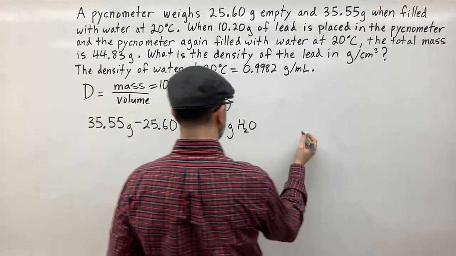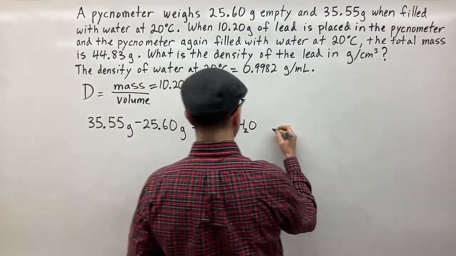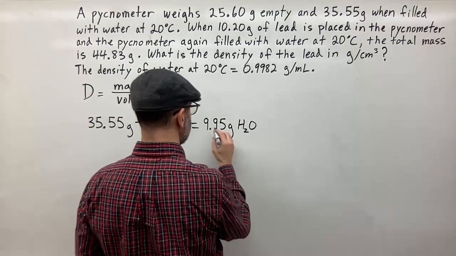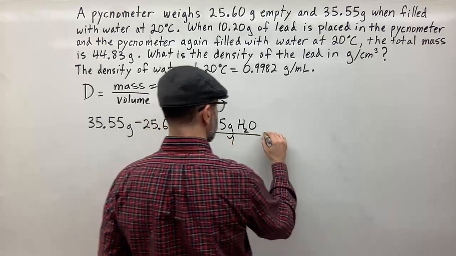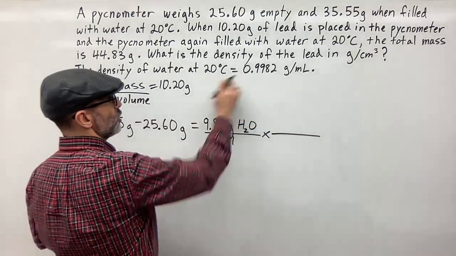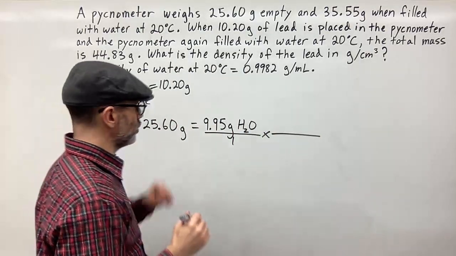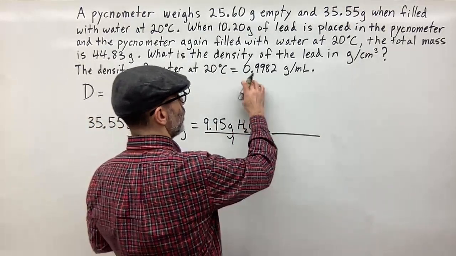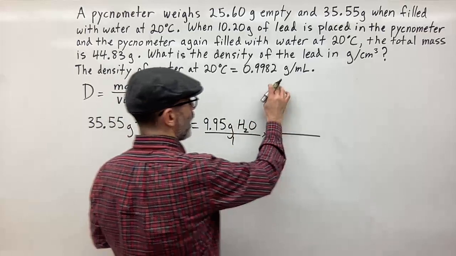Here, we're going to take this and multiply by the conversion factor, 0.9982 grams per milliliter.